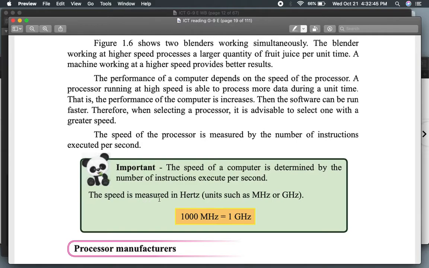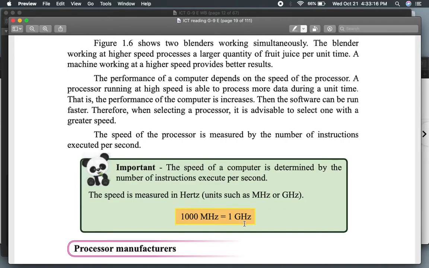The speed is measured in hertz. Units such as megahertz, capital M, capital H, simple z, that is megahertz, or gigahertz. So capital G, capital H, and simple z is for gigahertz. And here it shows you 1000 megahertz equals 1 gigahertz.